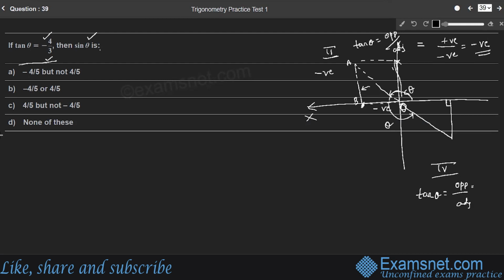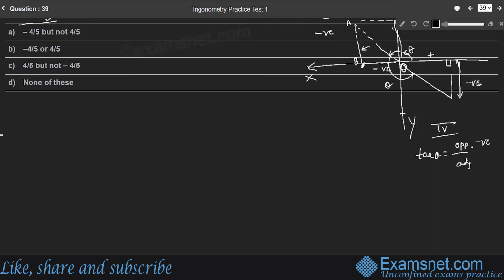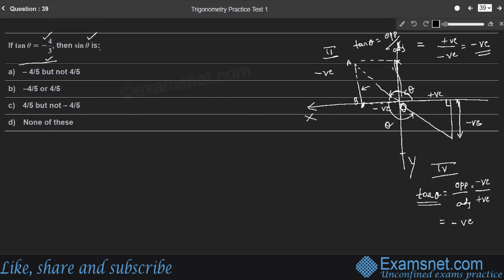Here the opposite side is measured along the y-axis, and since this is the negative y-axis, this value is negative. Therefore, the opposite side is negative and the adjacent side is positive because it is on the positive x-axis, right? Negative by positive is equal to a negative value. Therefore, tan of an angle is negative in the second and fourth quadrant. So you can mention it here: tan theta is negative in the second and fourth quadrant.